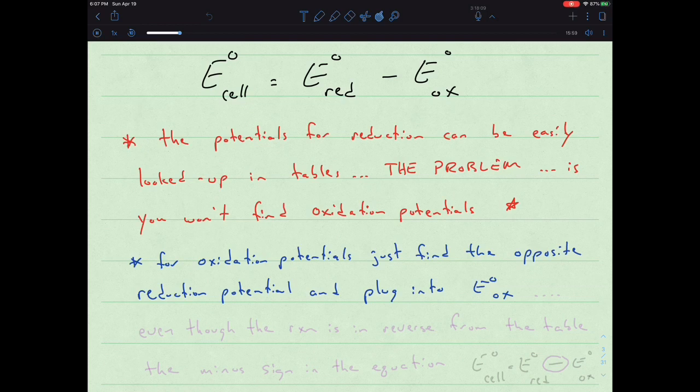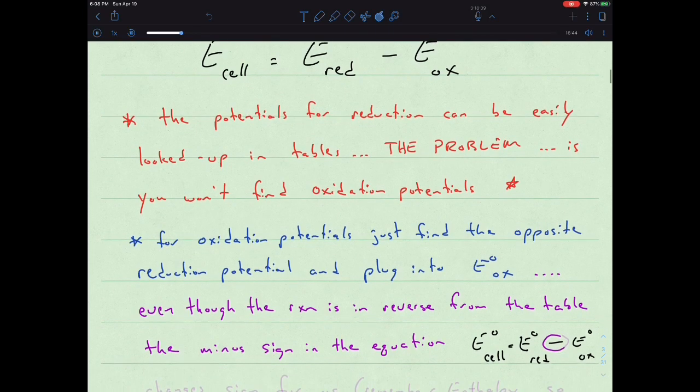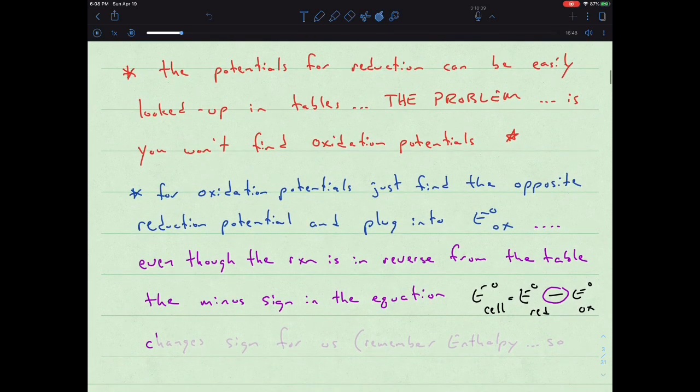What we have to understand here is that even though the reaction is in reverse from the table, the minus sign in the equation that we're talking about here changes sign for us.